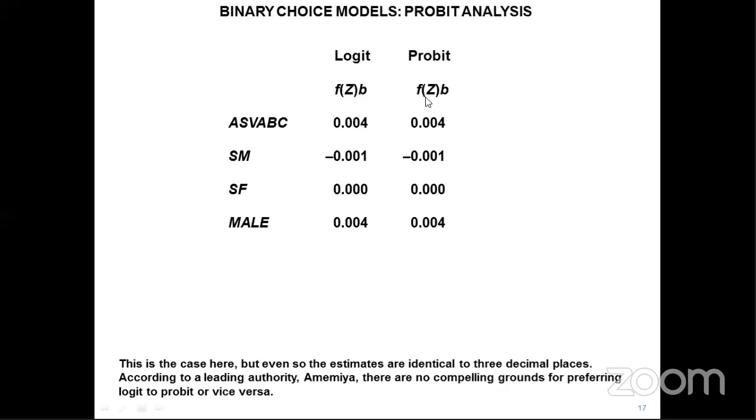By observing the marginal effects, because f of zb is a marginal effect and they are comparable, there is not much difference between the Logit model marginal effects and the Probit model marginal effects.